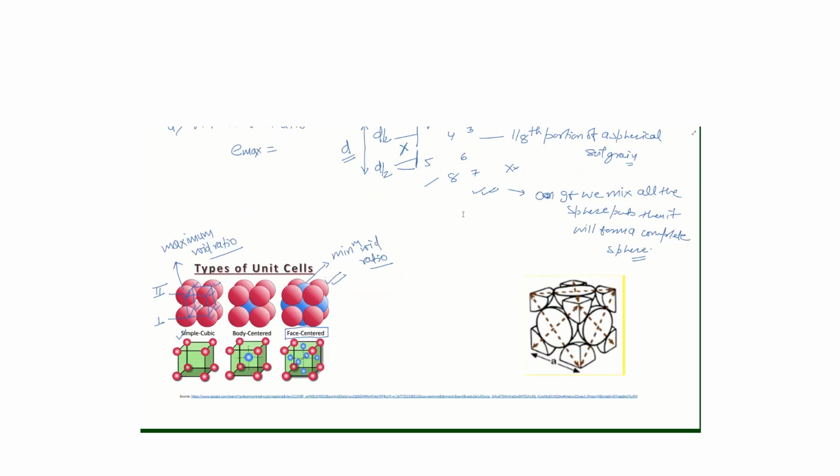So just see this figure. When you have to determine the E minimum, that configuration will look like a face centered configuration. So in this face centered configuration, if you take the unit cell, then what will happen? This unit cell will be made up of 4 different spheres at the corners, and 4 different spheres that are packed here.